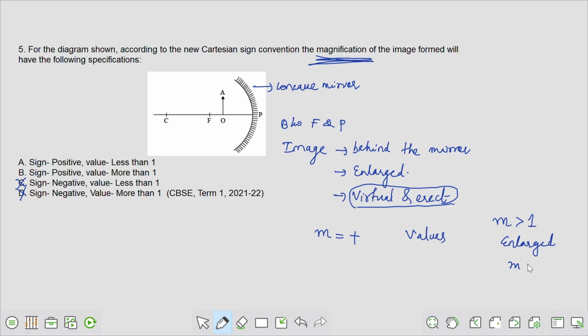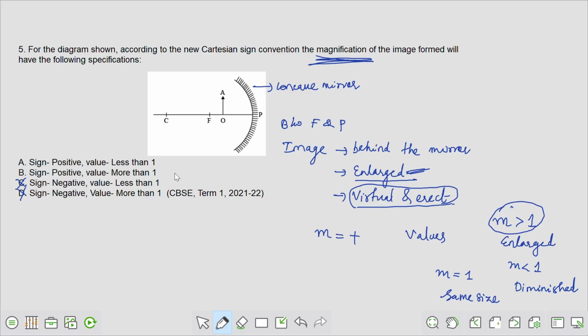If magnification is less than 1, then the image formed is diminished. And if it is equal to 1, then it is the same size. From the diagram we have identified the image is enlarged, which means magnification is greater than 1.